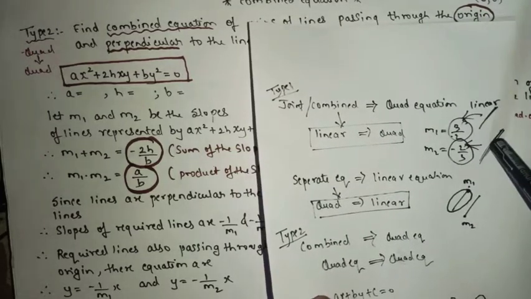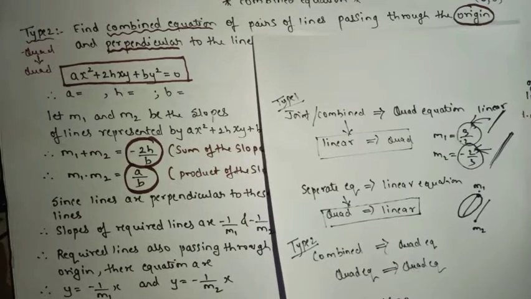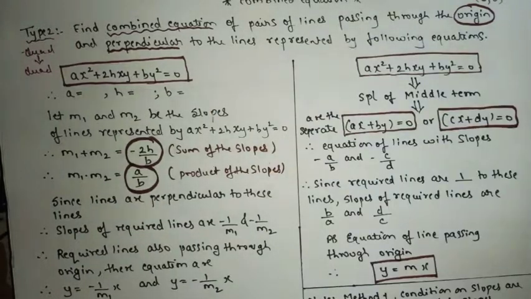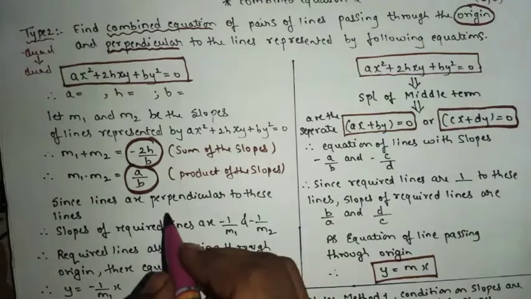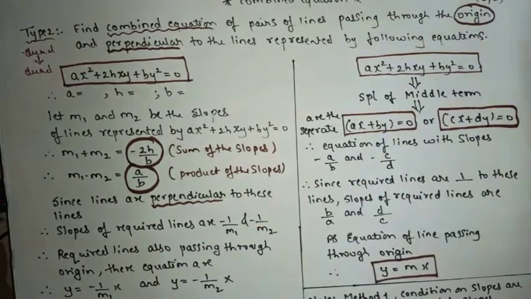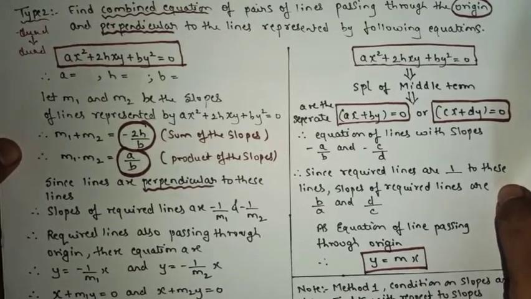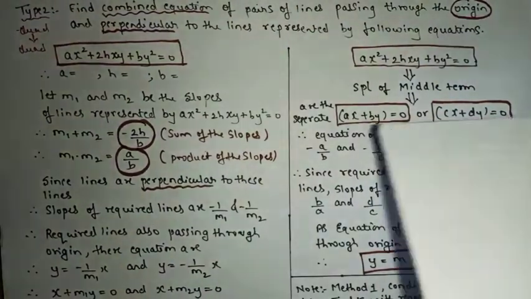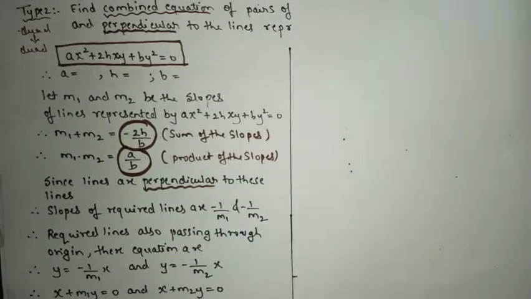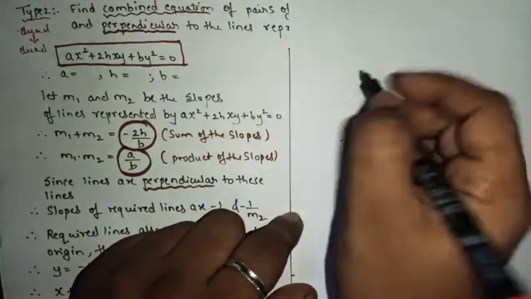As we know, whenever the word perpendicular comes, we have to take the reciprocal of its slope. So here what is the value of m1 and m2?